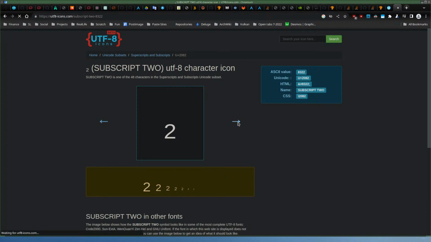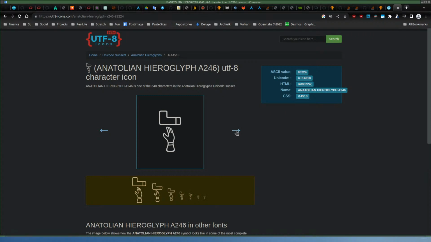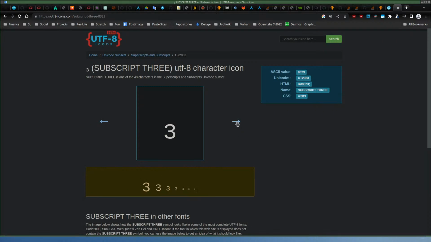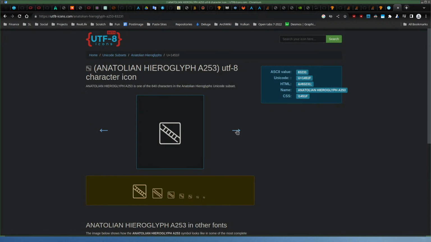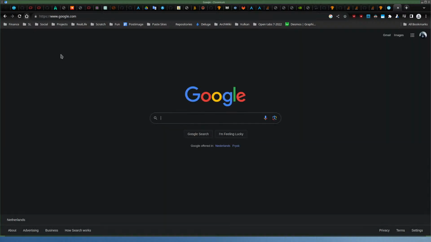Subscript 2. What the hell is that? Jesus, I have so much. But don't ask for a subscript Q, because they don't have it. It doesn't exist. They never added it. It's ridiculous. Okay, it's not working.